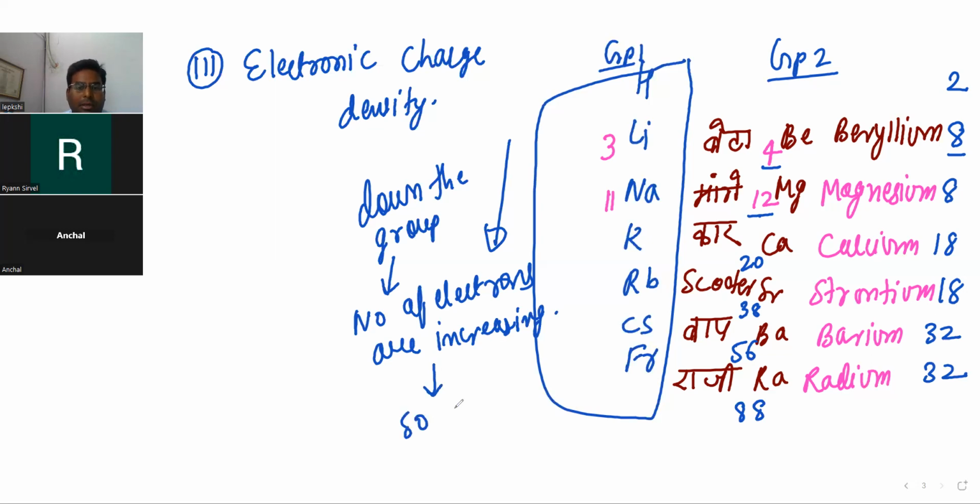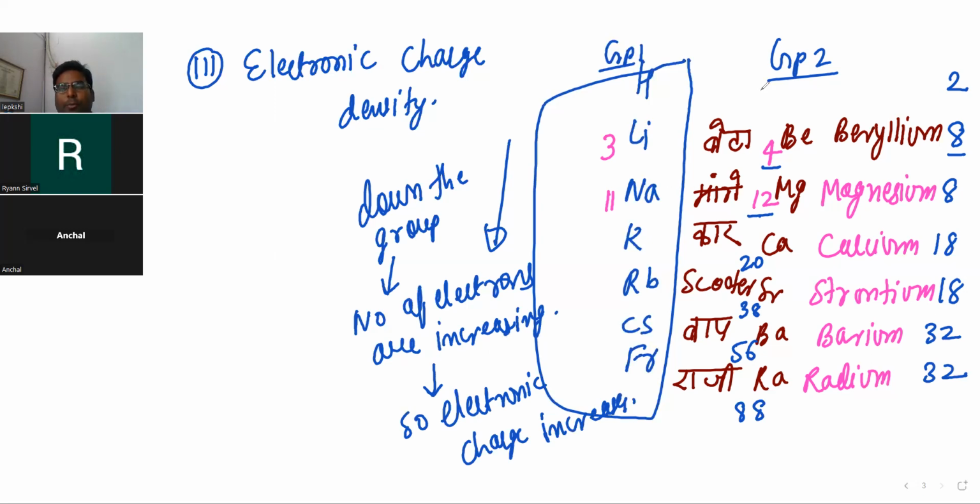So electronic density increases, or electronic charge increases. So please write this one.